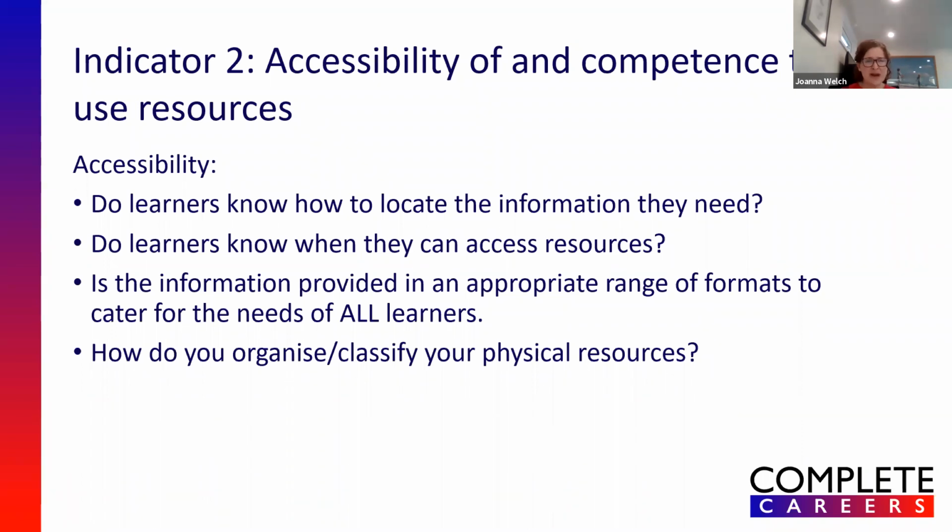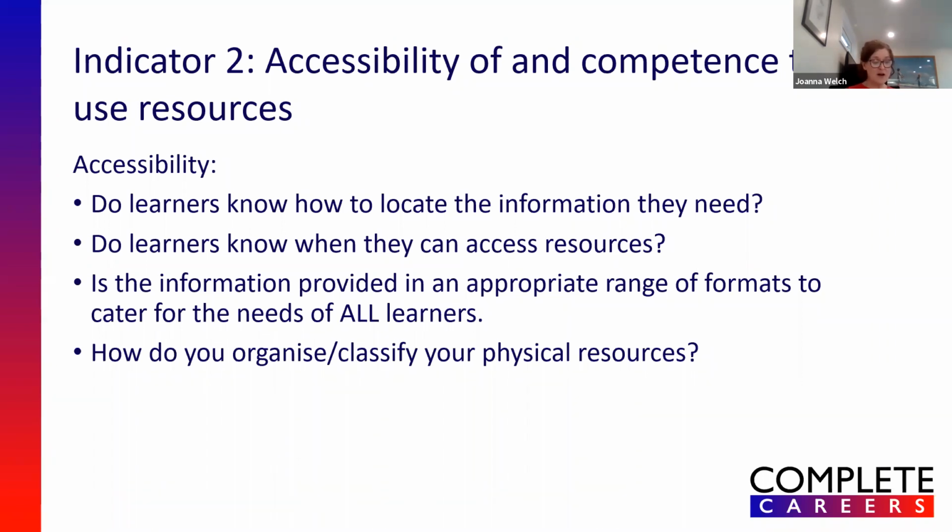So we've already talked about the website and digital learning platforms in terms of the content, but this is more about how can they actually get access, making sure that they've got really good access. So is the information provided, for example, in an appropriate range of formats to cater for the needs of all students? This is something you could consider within your portfolio of evidence.